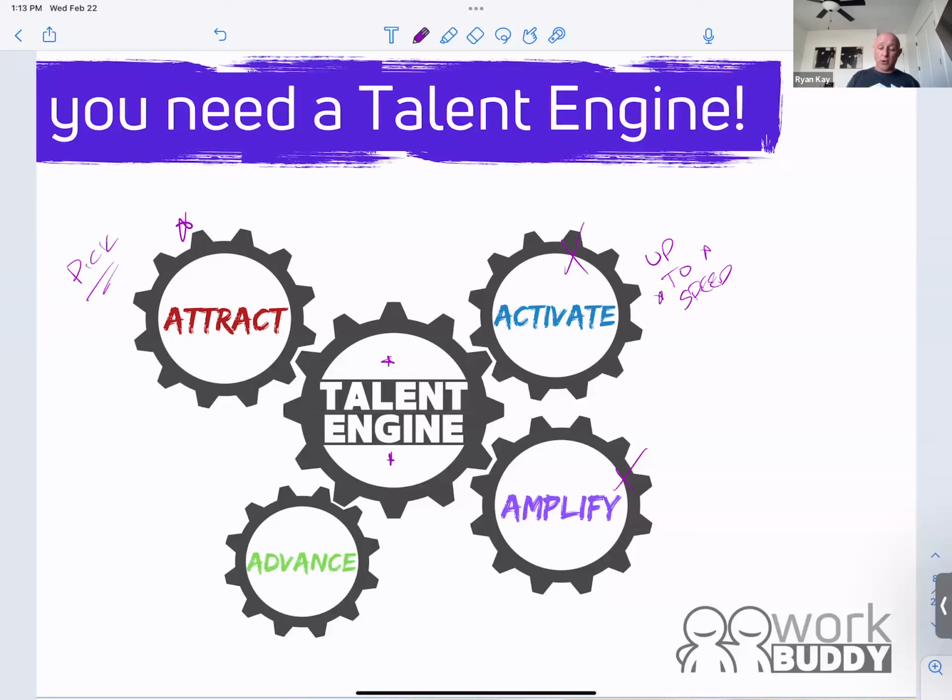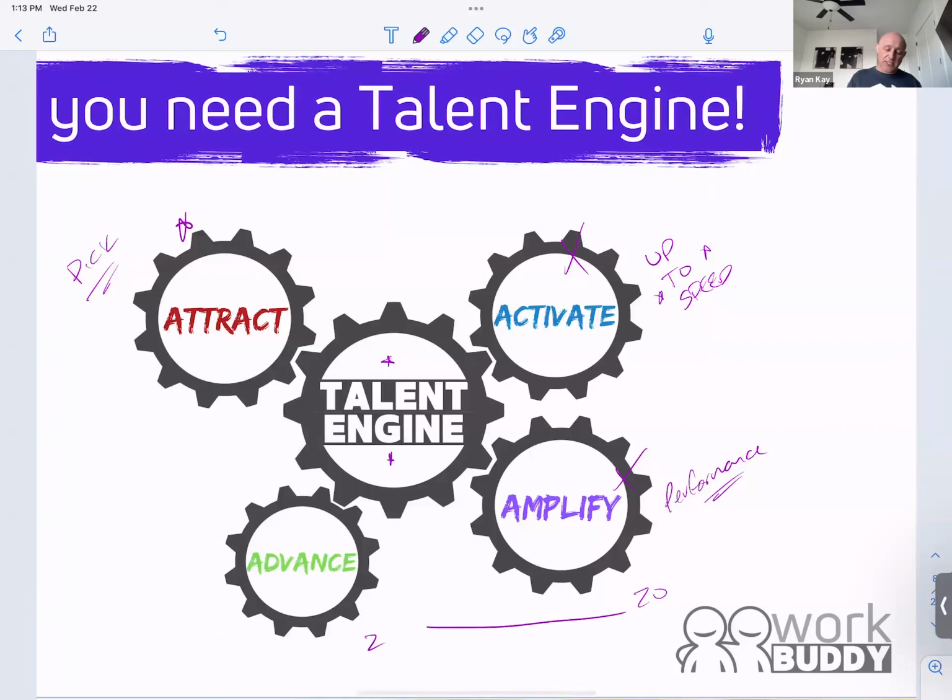Now, long-term, we want to end up amplifying. This is about performance. Can we turn our new hires after 90 days into top performers? The last one is advancement, and it's a little bit smaller cog because not everybody can move up. At Applicant Pro, I have a support team of like 20 people, but I only have like 2 managers.